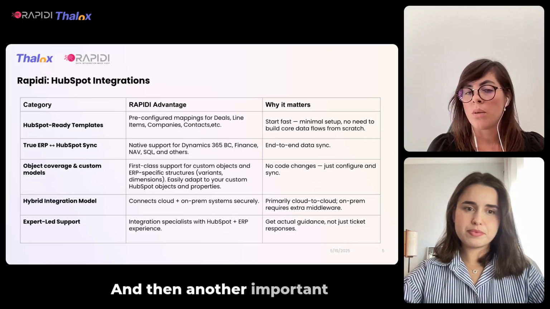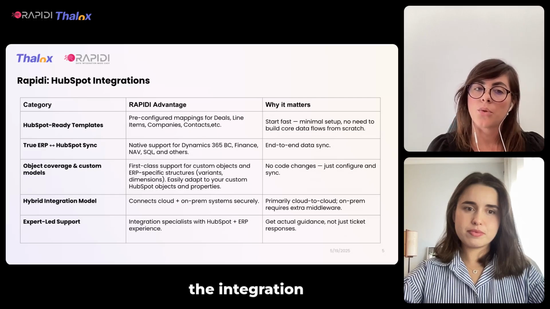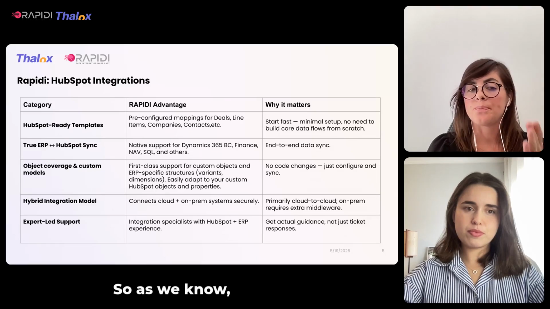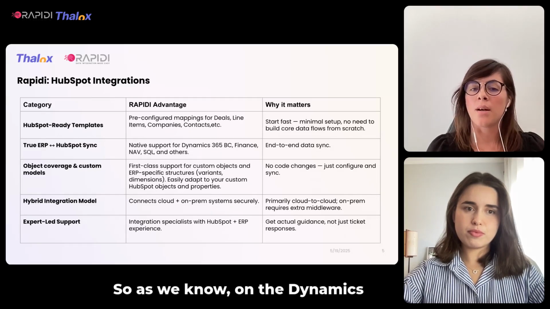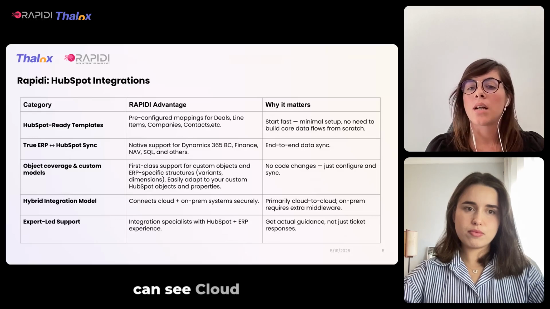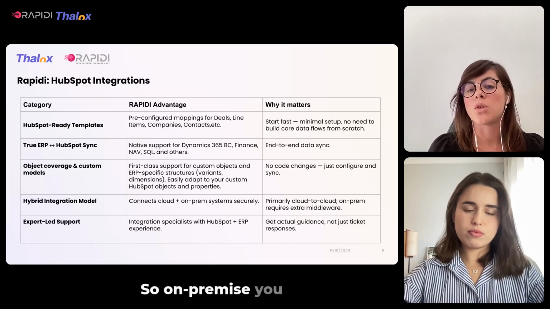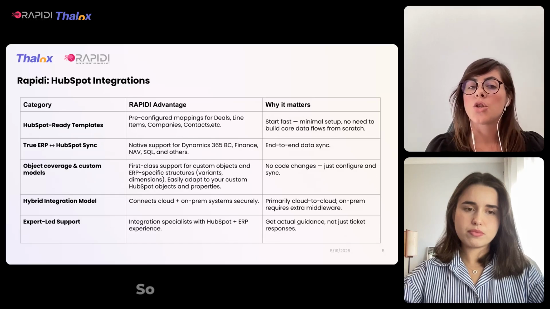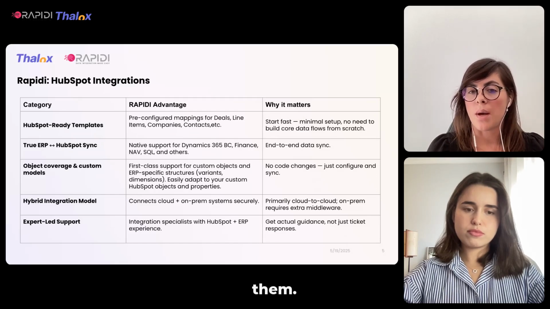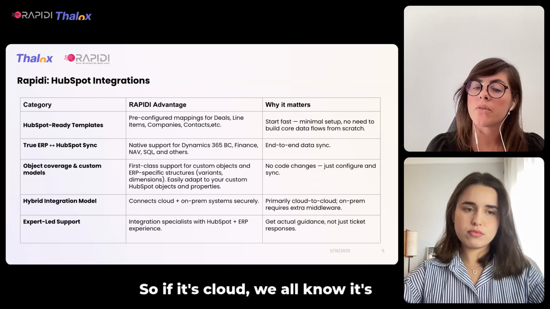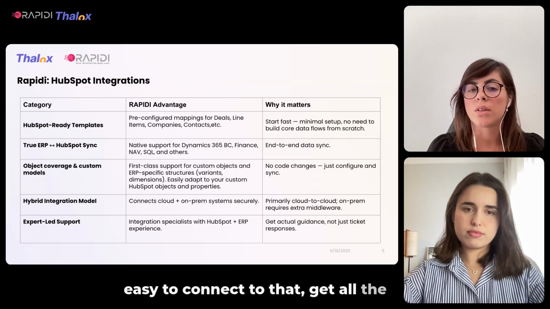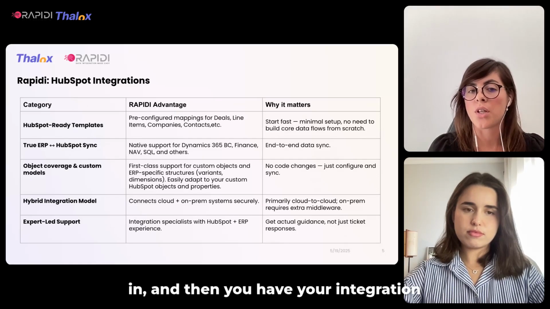And then another important point is about the integration model. As we know, on the Dynamics side, you can see cloud ERPs, and you can also see on-premise, right? On-premise, you would see older versions. So we are able to connect to both of them. If it's cloud, we all know it's very easy to connect to that, get all the data in, and then you have your integration up and running.